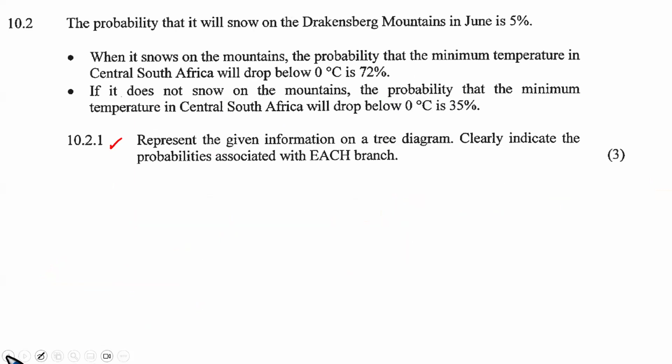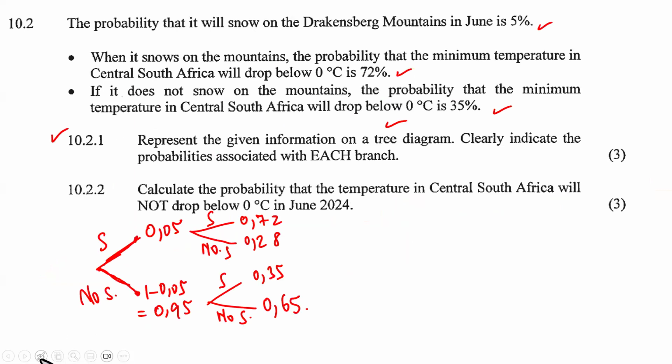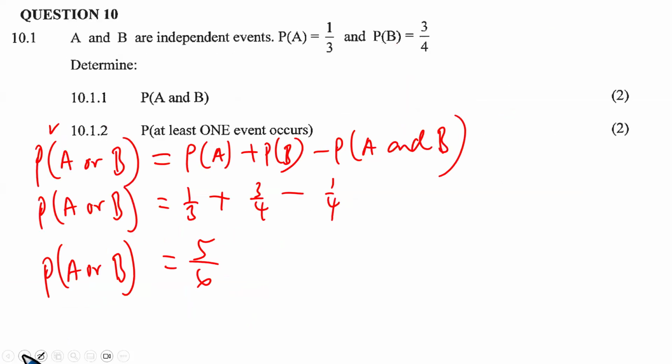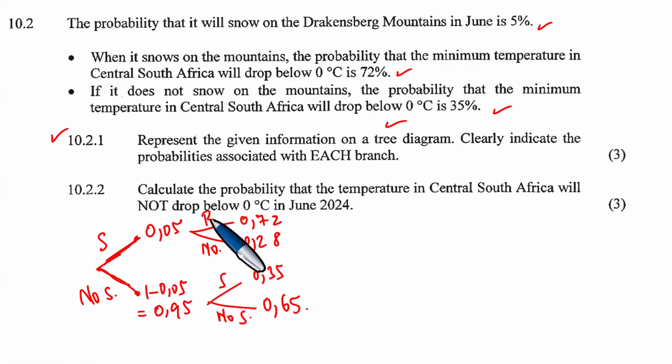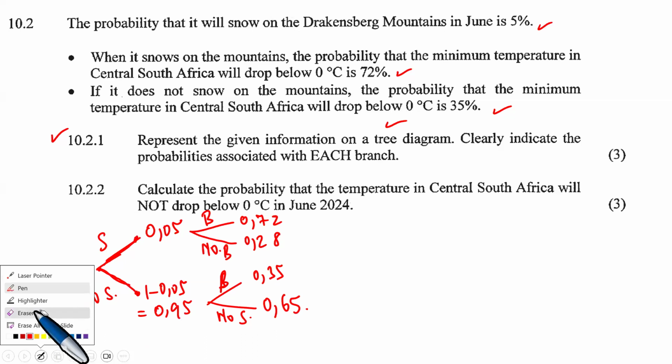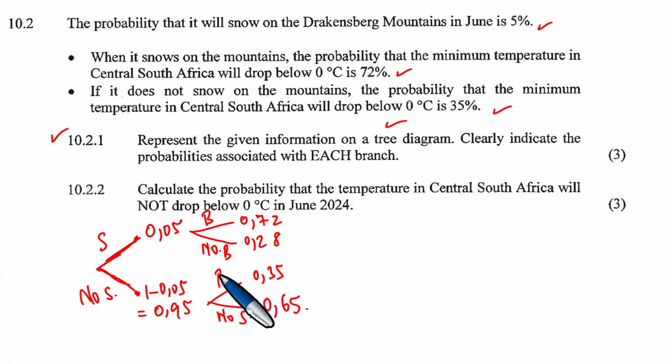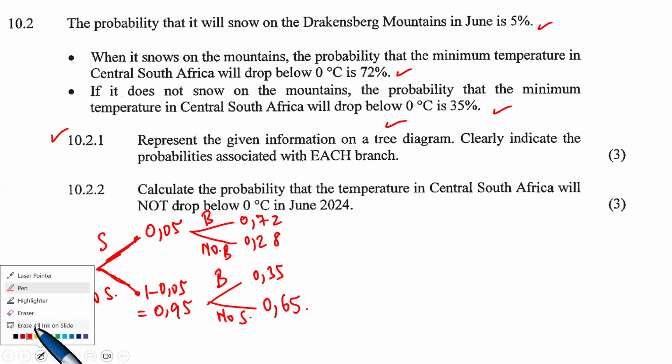Okay, yeah. So here you can come here and do this and say below 0, not below 0. And here you can come and say below 0 and not below 0.